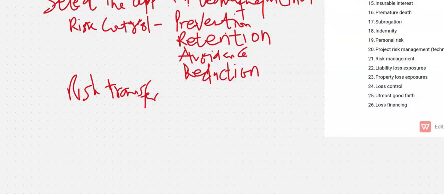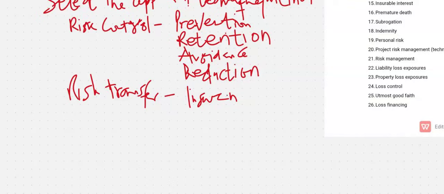So risk transfer simply means you are transferring the risk. Remember what we did yesterday? At the early stage, the risk transfers through insurance.